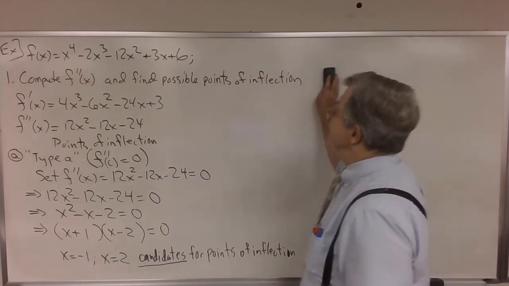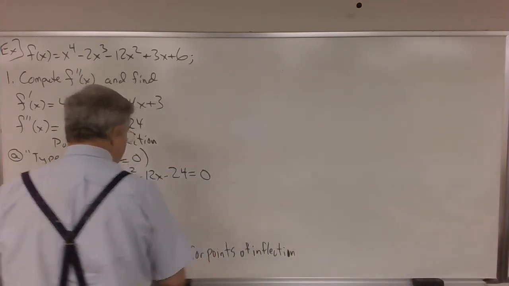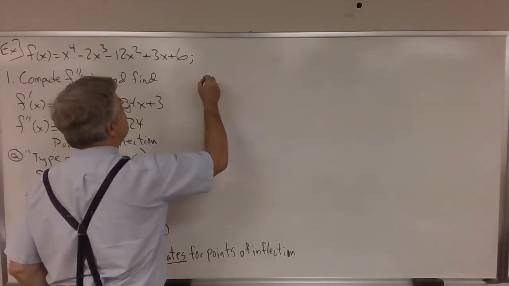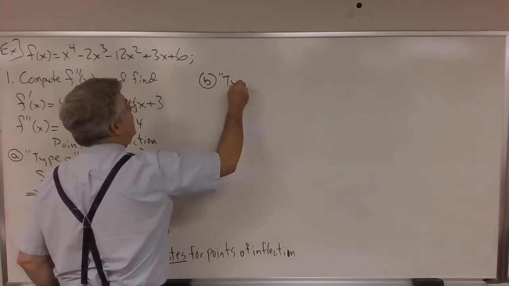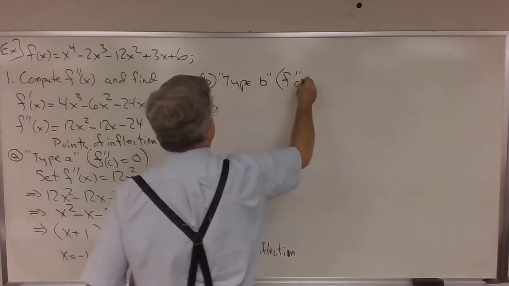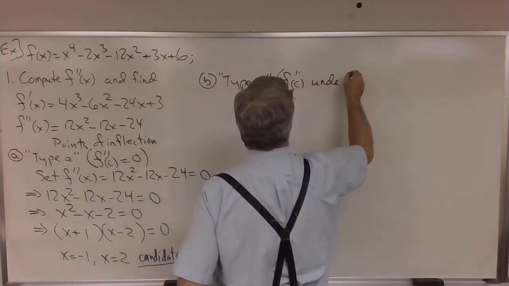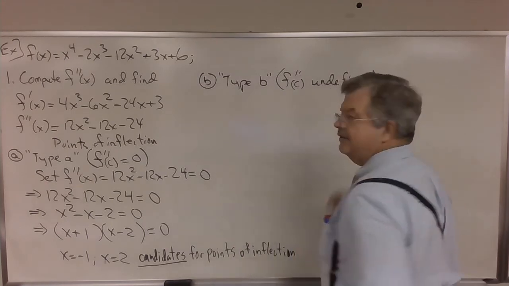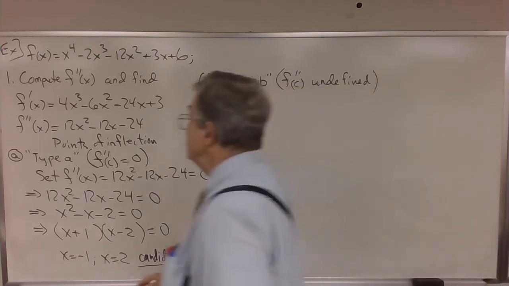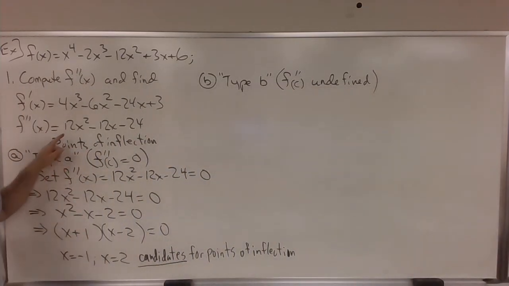And before I run my mouth so much that I forget that I haven't looked for type B points of inflection, I'll do that right now. And there are such things, type B points of inflection. That's where the second derivative is undefined. And typically that means we've divided by 0 in the second derivative. But look at our second derivative: 12 times x squared minus 12 times x minus 24.